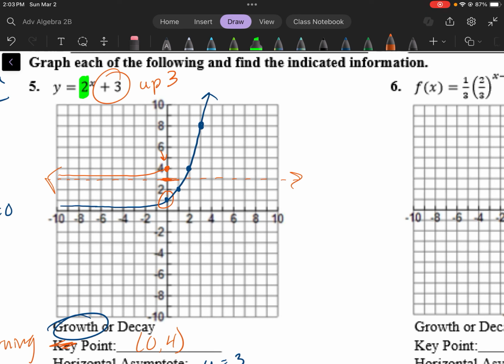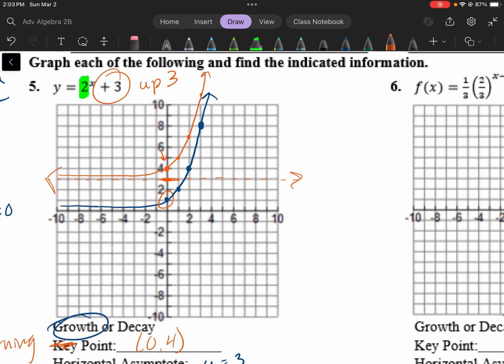Well, if I go over 1, 2 to the first, you go up 2. 2 to the second, you go up 4. So we're going to be right there. And if I go over 3, 2 to the third would be 8. So that's going to be actually just barely off the graph right there at 11. And then there's your curve.